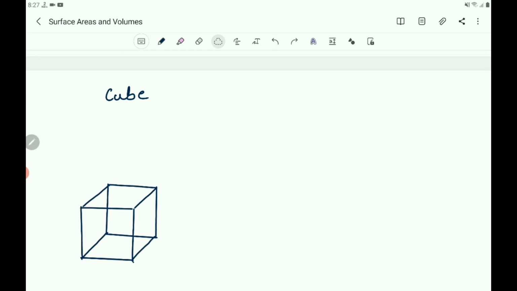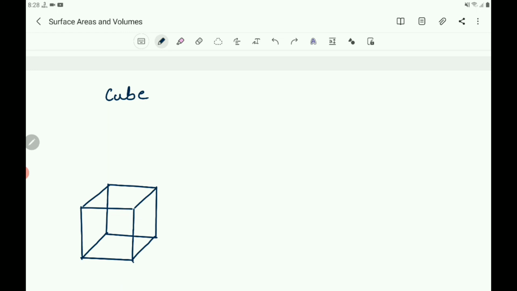So you write that this is the figure of cube, and this cube is having, count here how many edges are there for the cube. 1, 2, 3, 4, 5, 6, 7, 8, 9, 10, 11, 12. These are the 12 edges. Again it is having 8 vertices. 1, 2, 3, 4, 5, 6, 7, 8. These are the 8 vertices, and you know that it is having 6 surfaces.